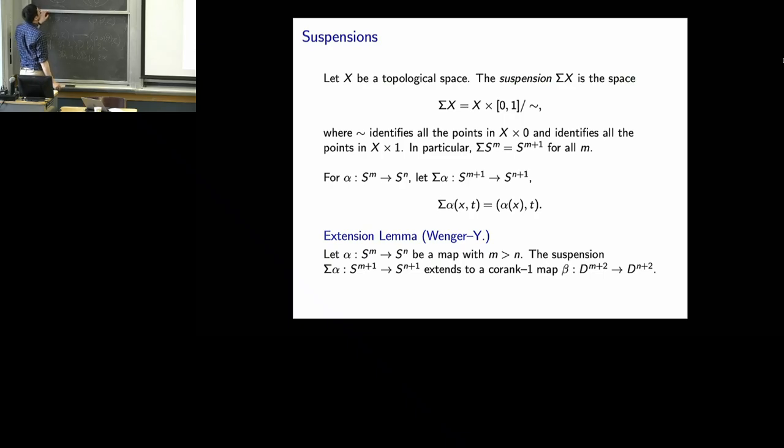And furthermore, the image of this is the n-1 skeleton of the image, and so it has rank n-1. It has co-rank 1, like we want.